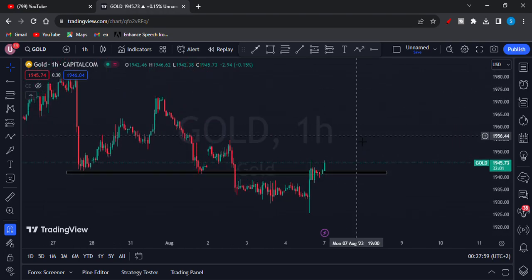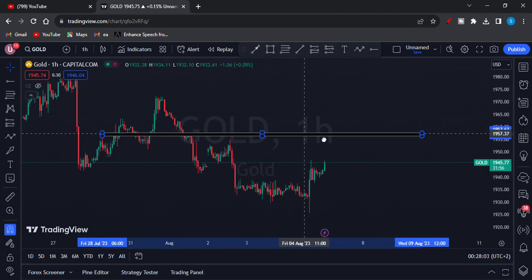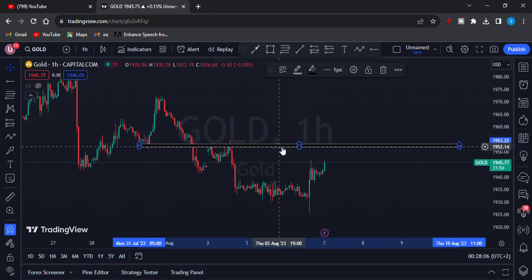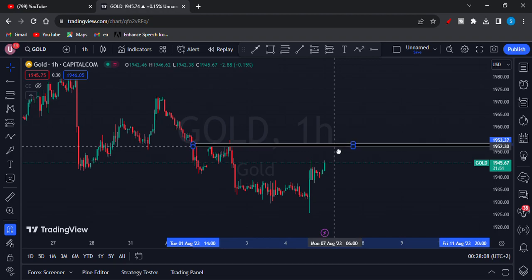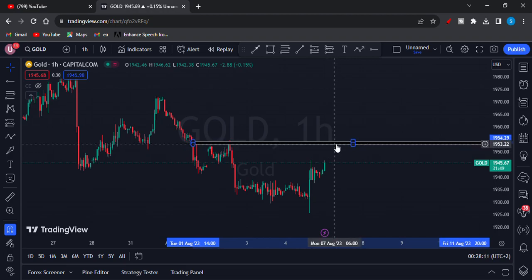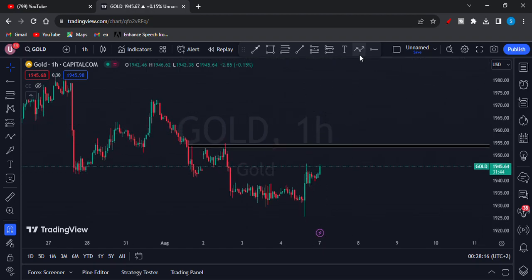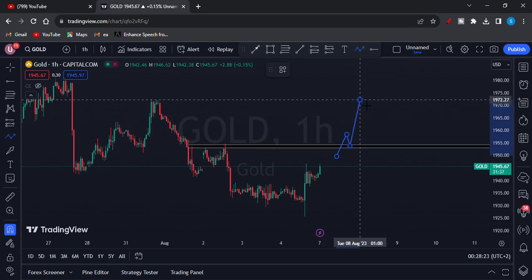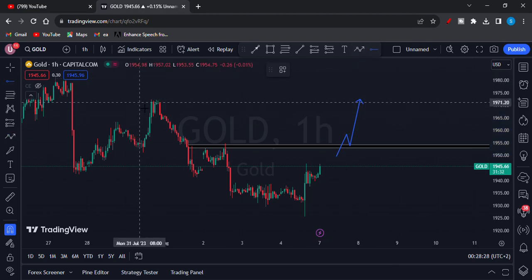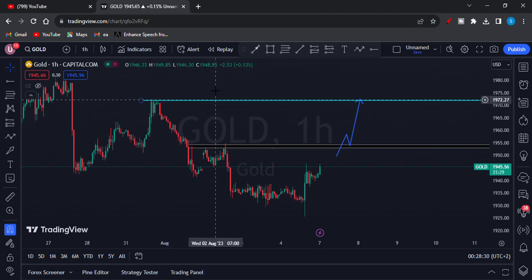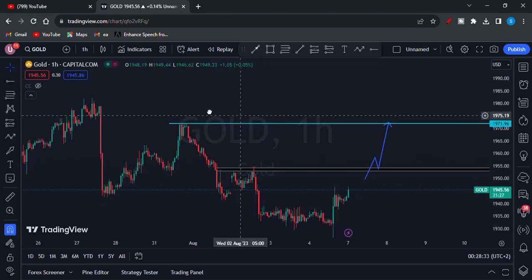So what I'm going to look out for now is for me to clear up these areas right here. Then I'll expect a break, retest, and then up to here. Okay, that's my analysis for gold.